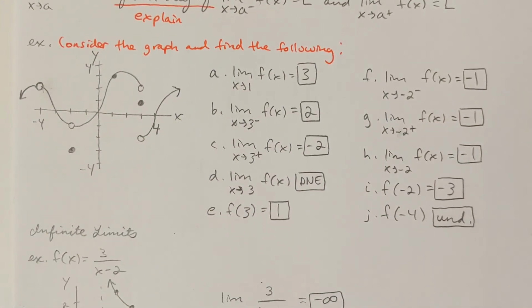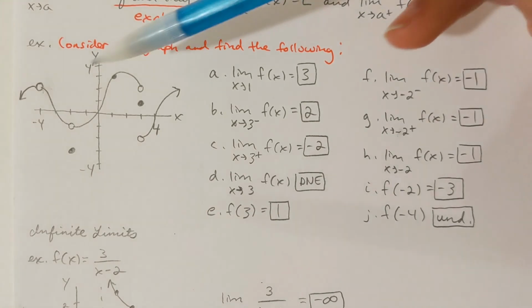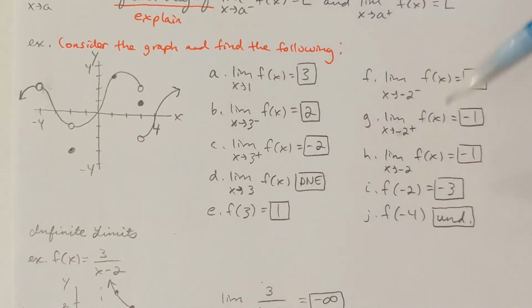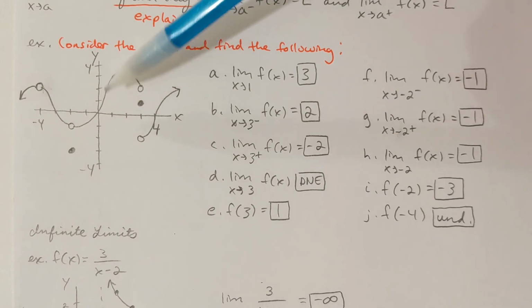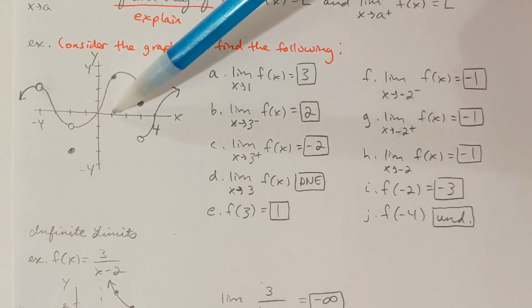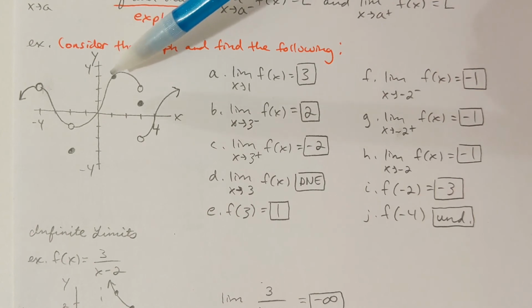In this next example, I want us to consider the graph that I've got drawn, and we'll answer some questions about the graph. Okay, part A, the limit as x approaches 1 of f of x. Well, that would be 3 then, right? The point (1, 3) is on the graph, but which I don't care about. I care about what's happening around 1.